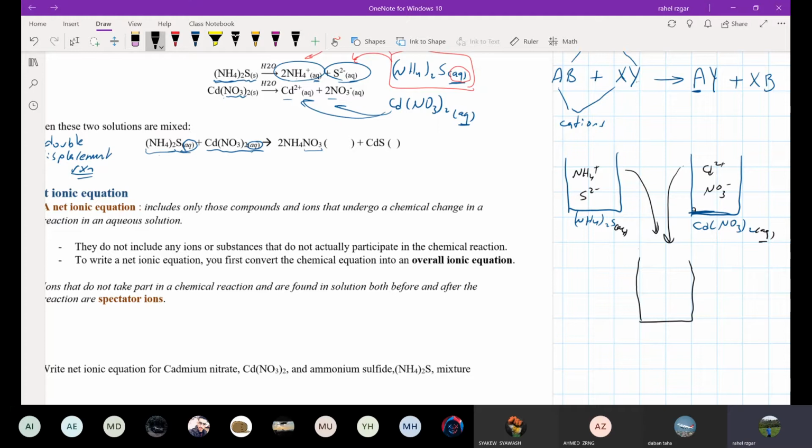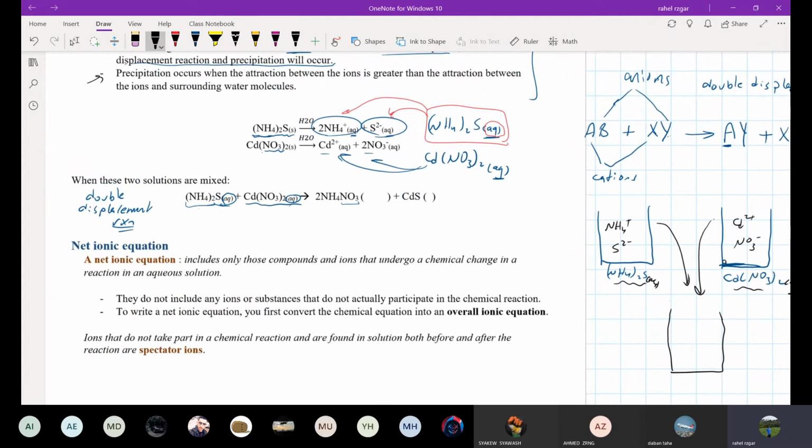We are mixing 4 ions: 2 ions from this container, which is ammonium sulfide, and 2 ions from this container, which is cadmium nitrate. Together we have 4. Then we will look at whether these 4 ions react together or not. If they don't react, if there isn't any attraction, then there is no reaction, and all the ions remain the same. But if there is a reaction, we have to know about it.